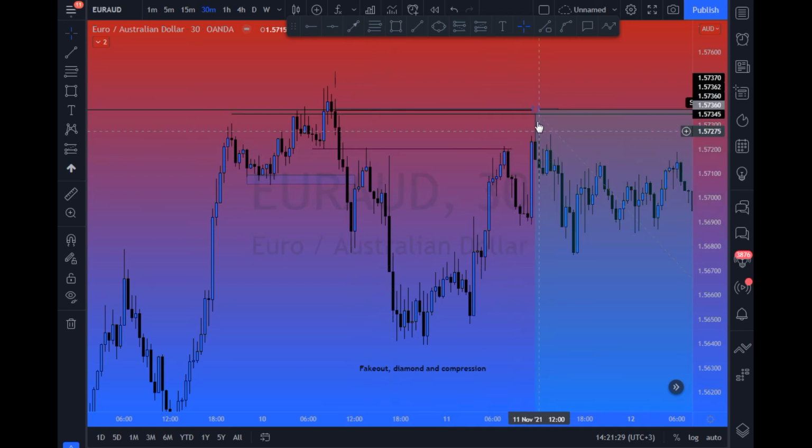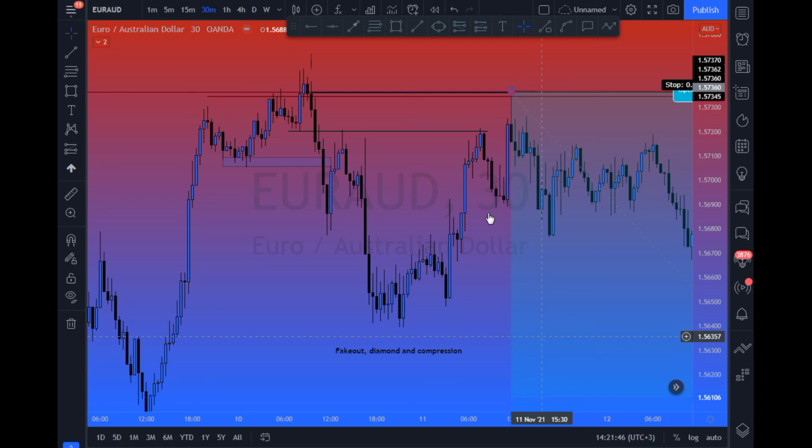This is a fake out, for people to buy at the breakout of this resistance, and it also had a support, so support becomes resistance, rejects again just a little bit where people think it will reverse from here, so it takes them out by taking the stop loss.